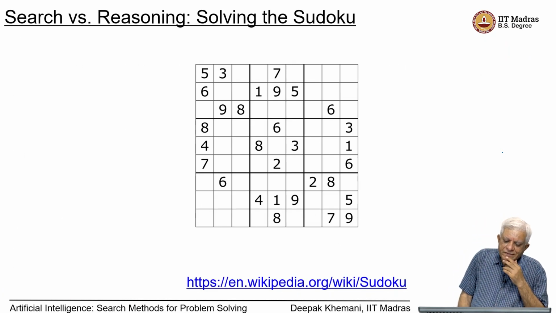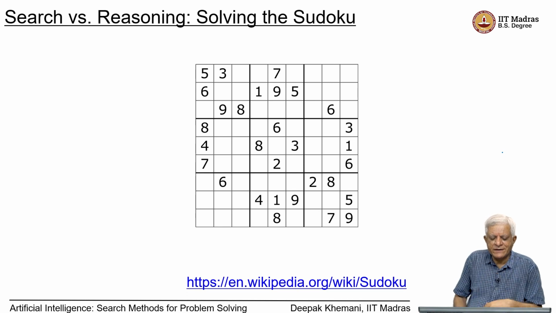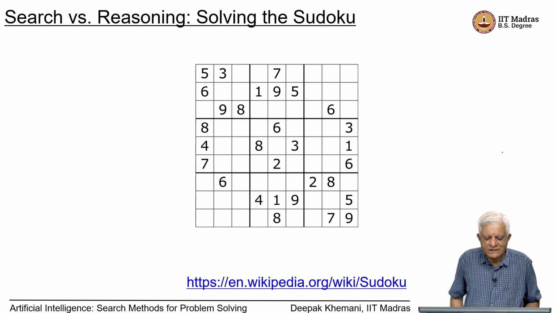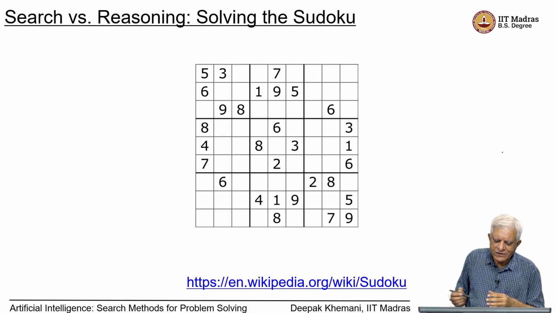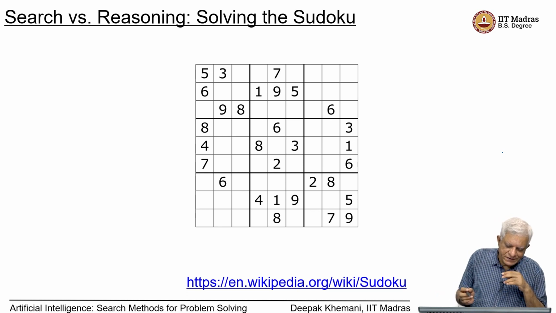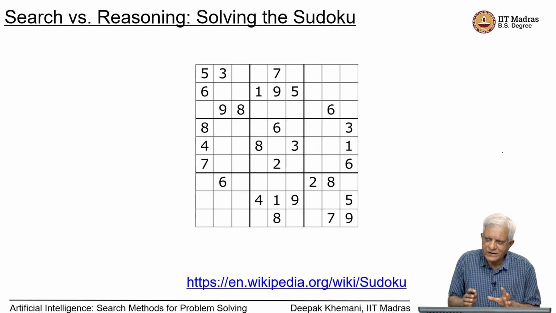Here is another example where we can use search and reasoning both. Most of us would have tried our hand at Sudoku at some point or the other. So, I presume you are familiar with the puzzle, but you can see that there are 81 squares here, and you want to use digits from 1 to 9, and only one digit can be used either in every row or in every column or in every smaller square of 9 cells.